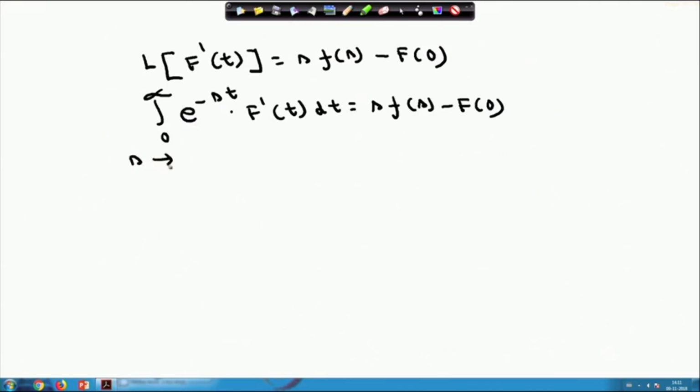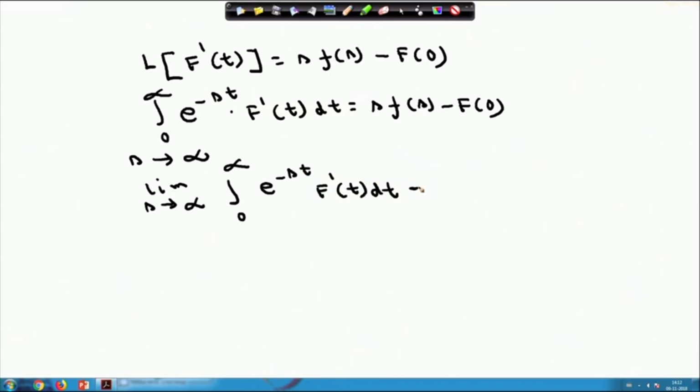Now, if I make s approach infinity on both sides of the given equation, then I can write limit s approaches infinity of the integral from 0 to infinity of e to the power minus s t f'(t) dt, this is equal to limit s approaches infinity of s F(s) minus f(0), because f(0) is independent of s.